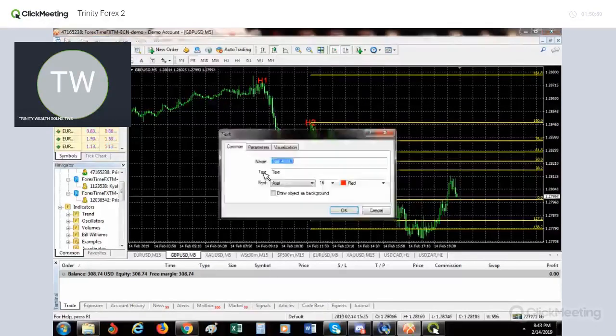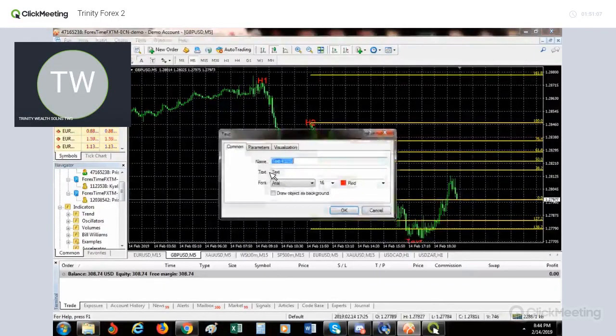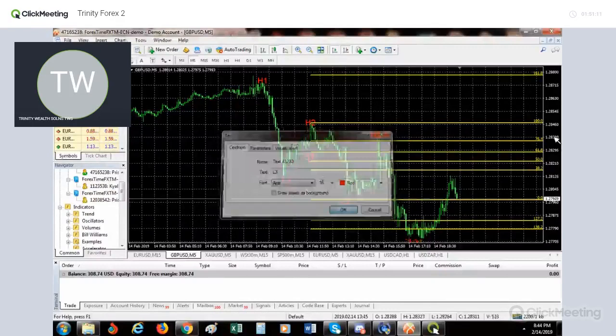So at that level, it formed another high. That's our H3, okay? And then it formed an L3.